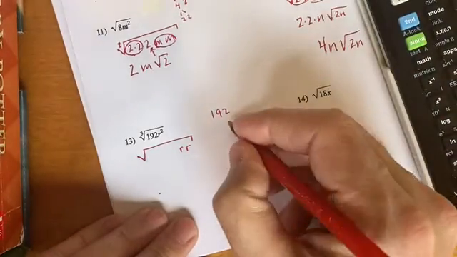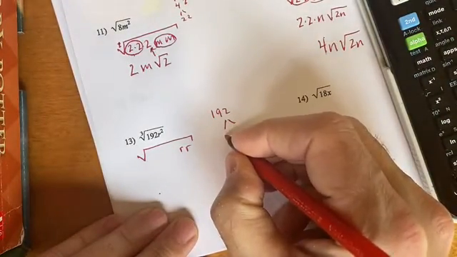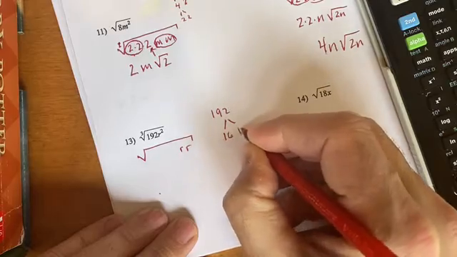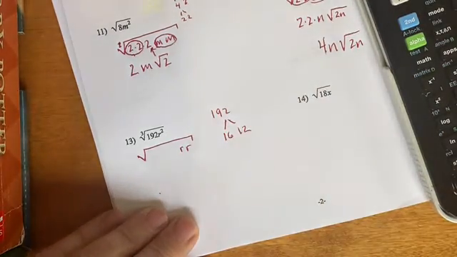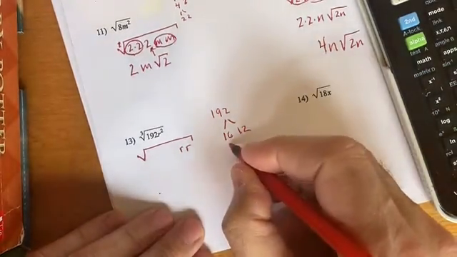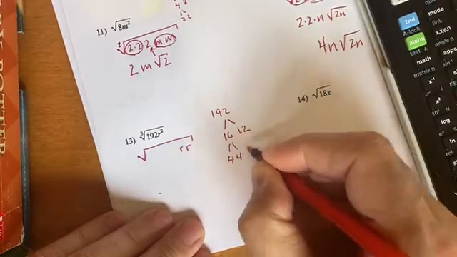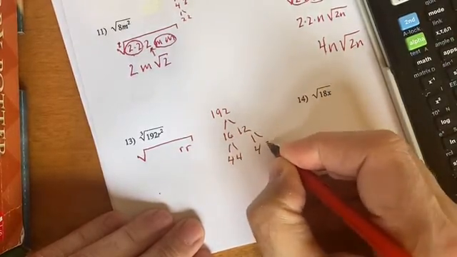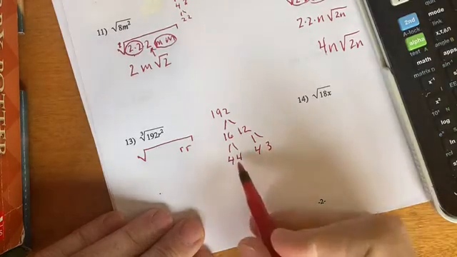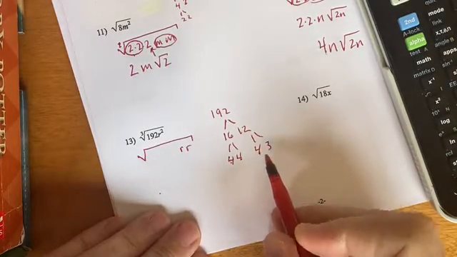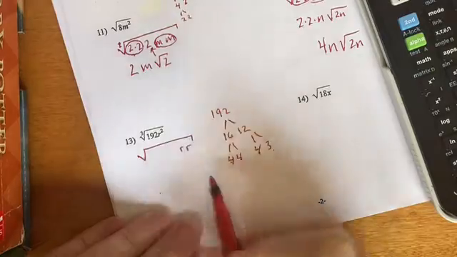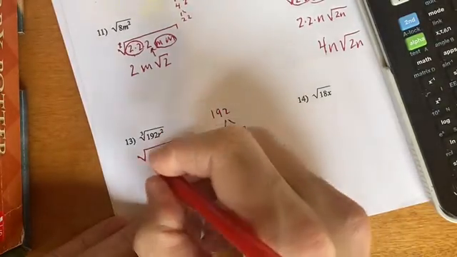So 192 divided by 16 is 12. That's a little easier. Right, 16 I know is 4 times 4, and 12 is 4 times 3. Okay, do you see that there's 1, 2, 3 4s and 1 3? I only need 3 of the same number.